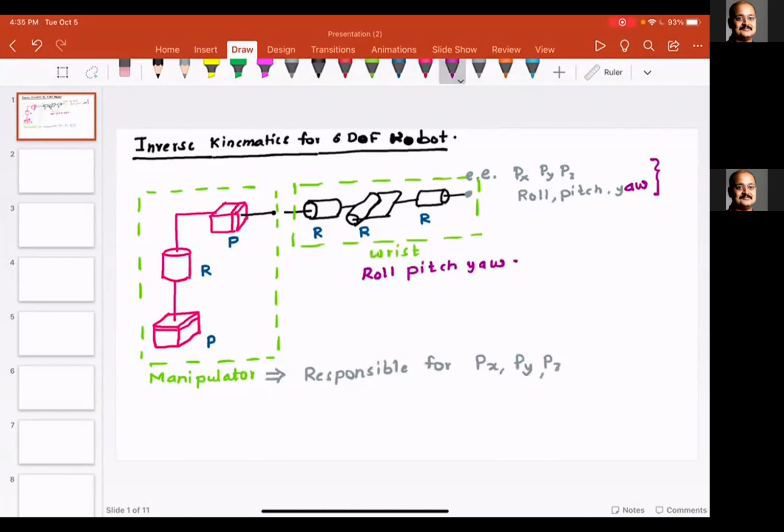Before we set up the problem, I want to tell you a couple of things. Whenever you have a complicated robot such as this, we always split the robot. Let me start with the first joint. This is my first joint, and this is my inertial reference frame. By now you are expert in drawing the coordinate frames, so I will quickly draw them, and you are welcome to correct me if I'm wrong.